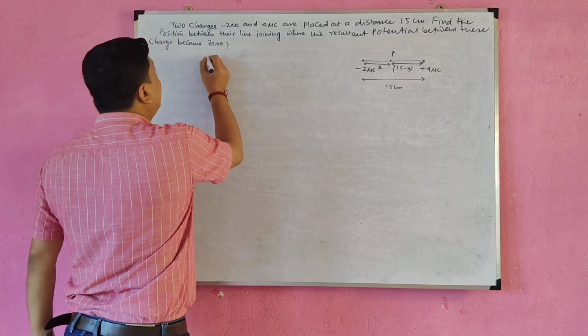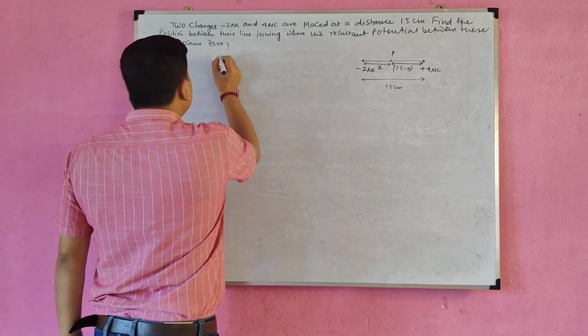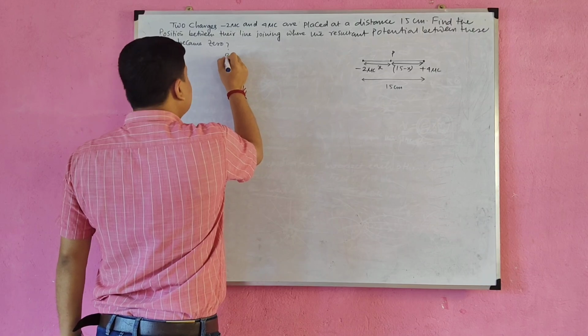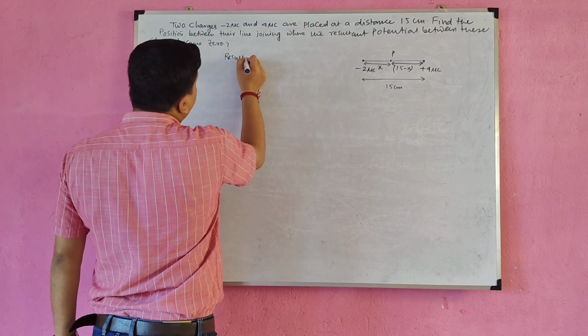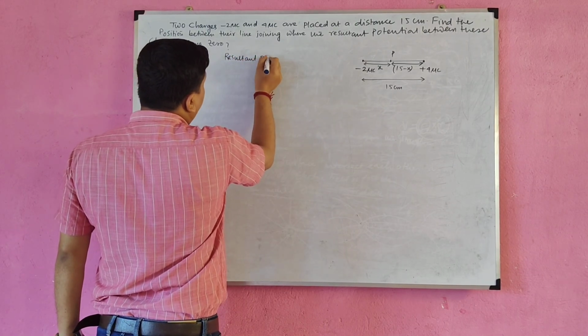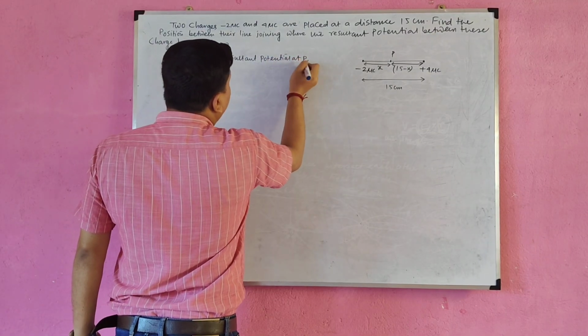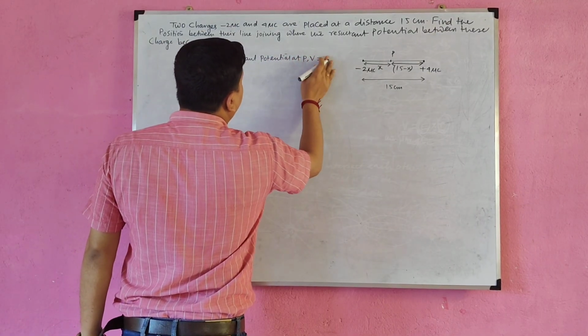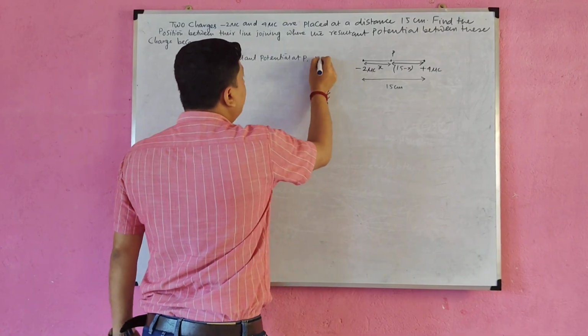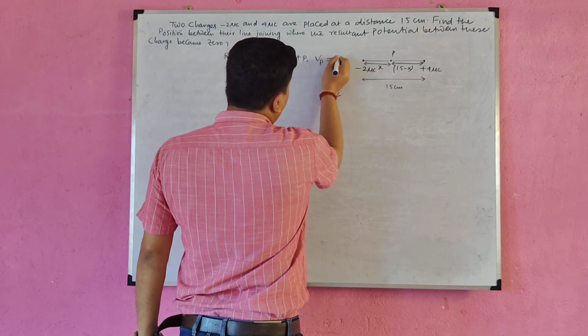So we have to write here resultant potential at P, that is V equals to what? Resultant potential at P, that will be equals to what?